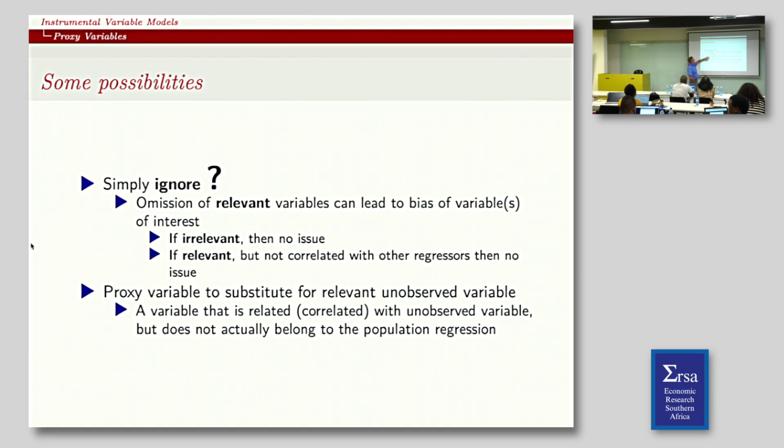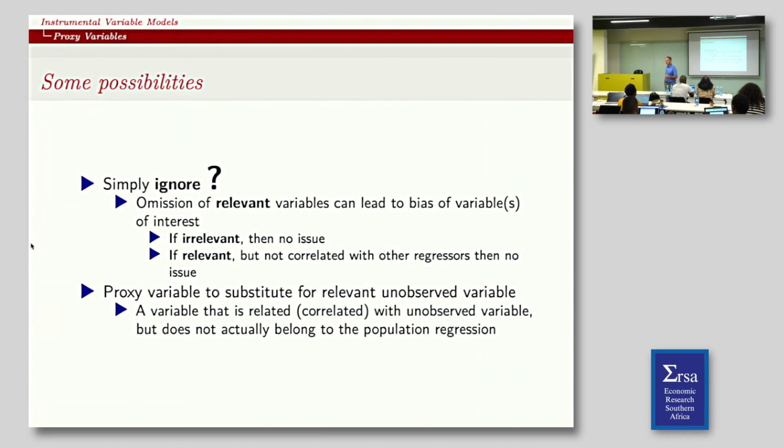Most of the time, it's going to be somehow relevant. What is missing is likely relevant. It's likely correlated to our treatment status, and therefore we have to find some way to deal with this. So a proxy variable, which is different from an instrument, is often used to try to substitute for the relevant unobserved variable.